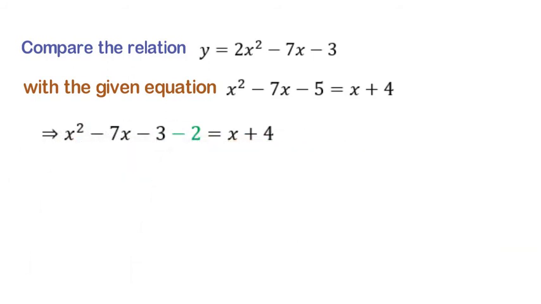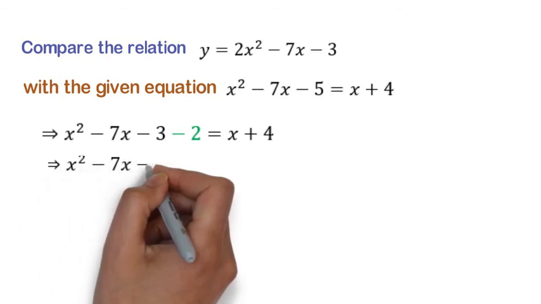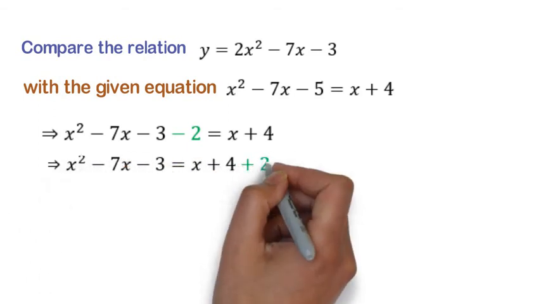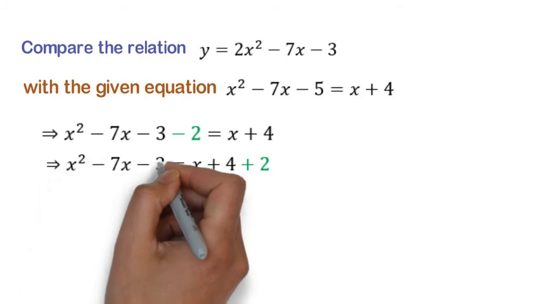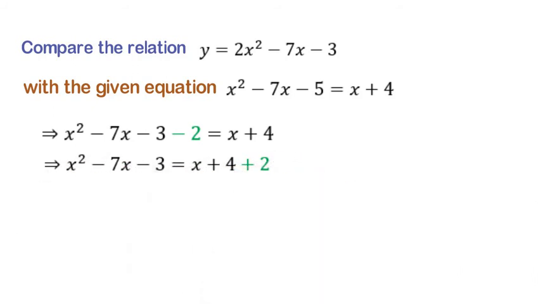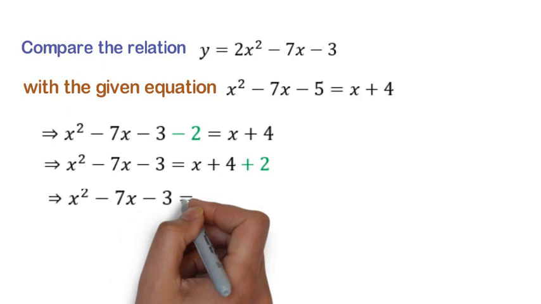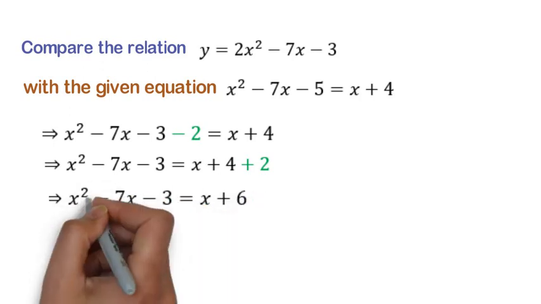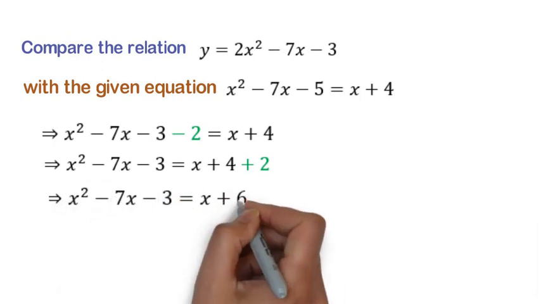So we have 2x squared minus 7x minus 3 minus 2 equals x plus 4, which will give us 2x squared minus 7x minus 3 equals x plus 4 plus 2. That is, we have carried the minus 2 across the equality sign, so the sign changes. So we have 2x squared minus 7x minus 3 equals x plus 6.